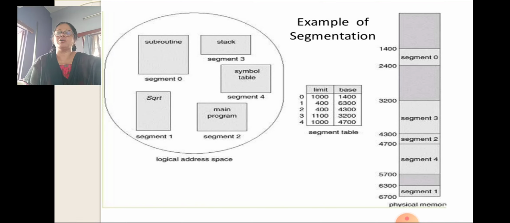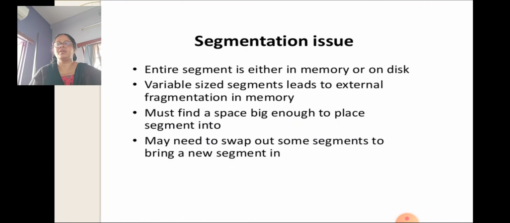Segmentation protection. How does one process ensure that no other process can access its memory? The operating system makes sure that it never creates a segment table entry that points to the same memory. Segmentation issue.